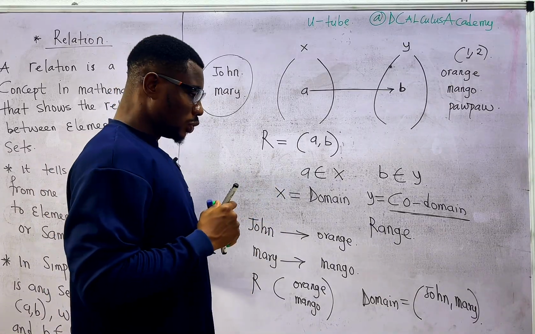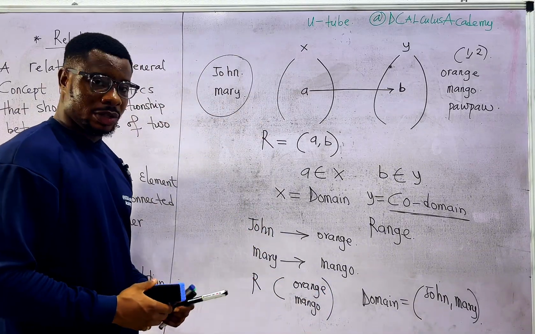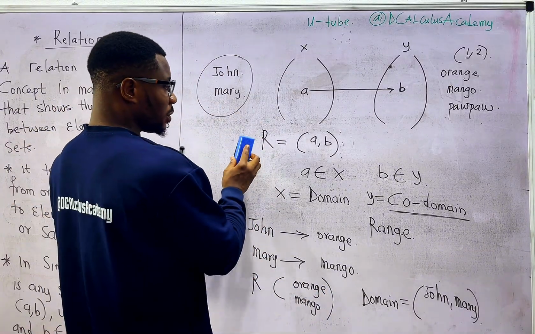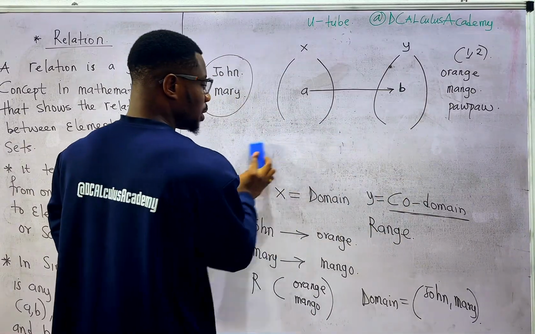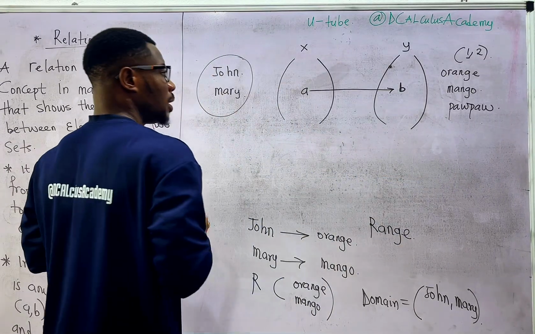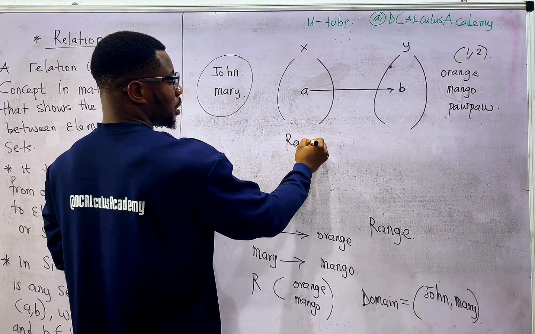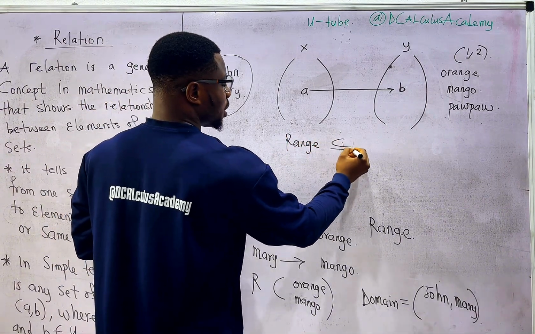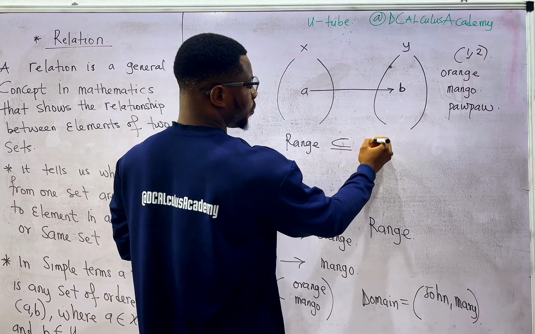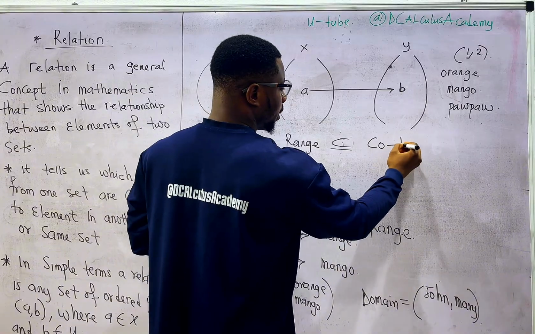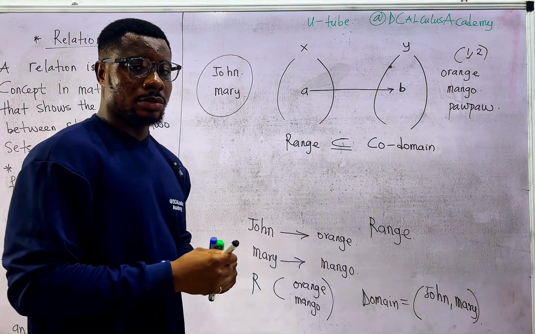You can pause the video and take this down. From what I've just illustrated, I could conclude that the range is actually a subset of your codomain. And you know this is the symbol for subset.